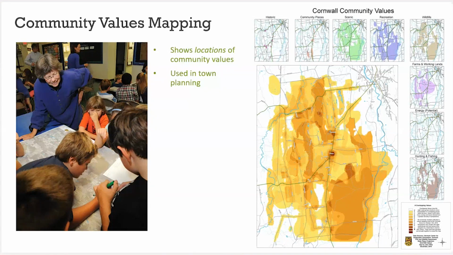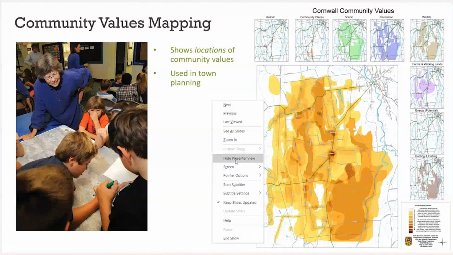Each of the individual responses were put together into value groups like historic, scenic, recreation. I added all of those responses together and made maps, which you can see around the edge here, for each of those different value groups.